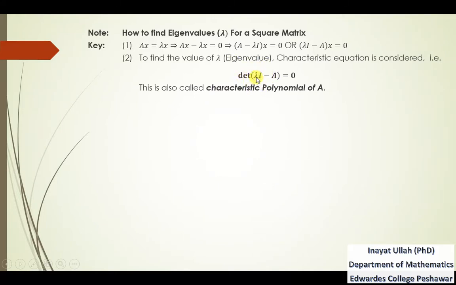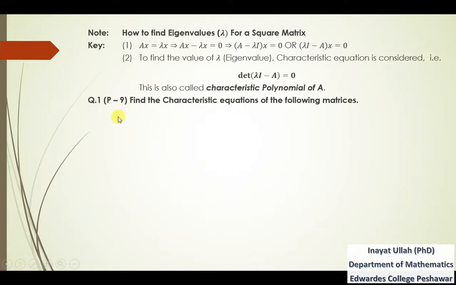When we expand this determinant by any row or by any column, we get a polynomial in lambda, so that's why this equation is also called the characteristic polynomial: characteristic equation or characteristic polynomial.